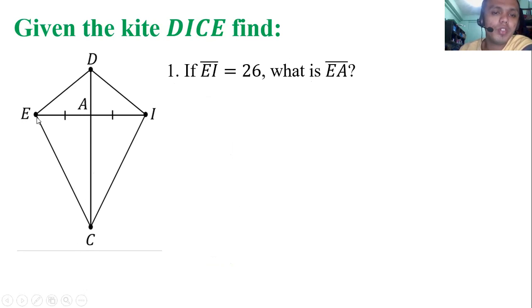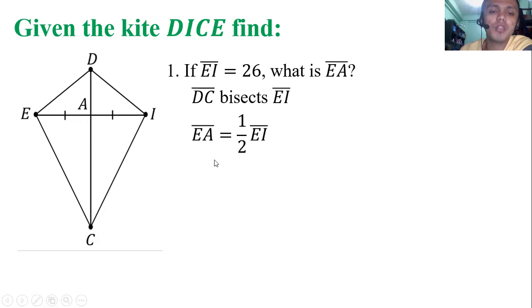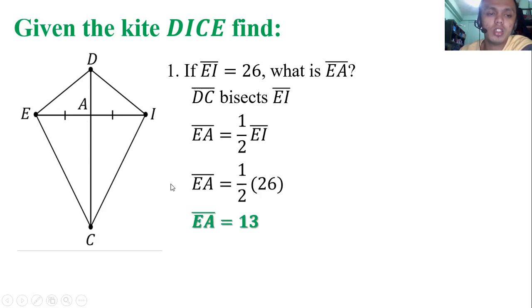Now, if your EI is 26, what is your EA? Since point A here is the midpoint of the segment EI. Now, again, since DC bisects EI, therefore EA is equal to half of the measure of EI. Your EI here is 26. 1/2 times 26 is equal to 13. Si EA, 13 lang. Okay?